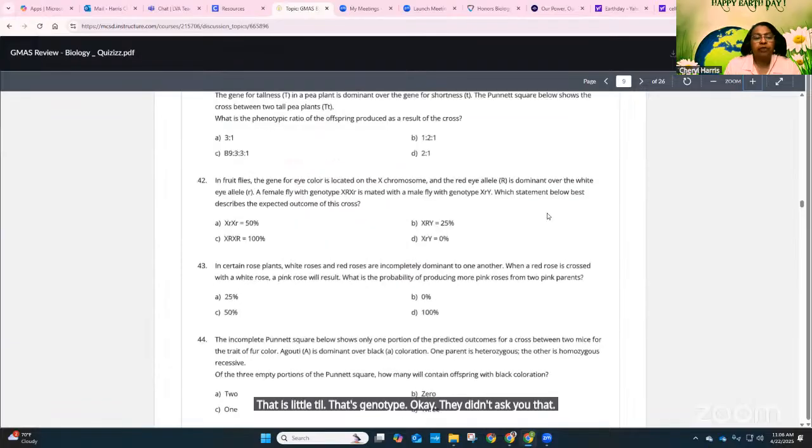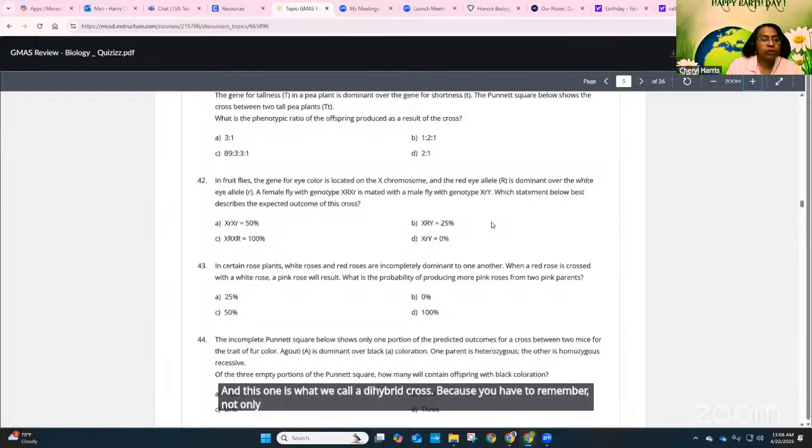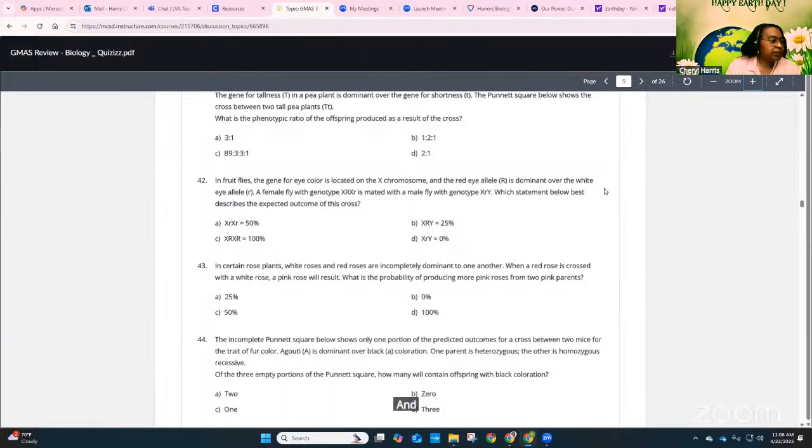The next one, this is the one you're going to need to draw it out. And this one is what we call a dihybrid cross, because you have to remember not only do you have X and Y, but now you also have R for red and little r for white. Okay, so you've got to consider both of those, and they're both going to segregate.